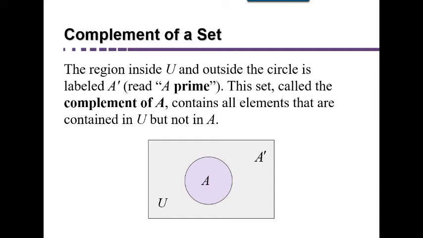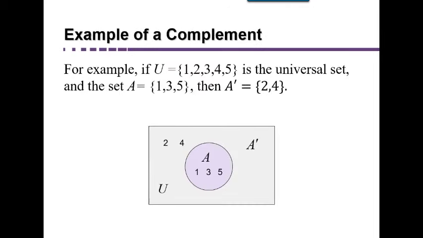Now we have a name for the region that's outside of the set A. We call it A complement. And the notation for A complement is the set A with a little dash, like an apostrophe up and to the right. And sometimes we call that A prime, or we just say complement of A or A complement.